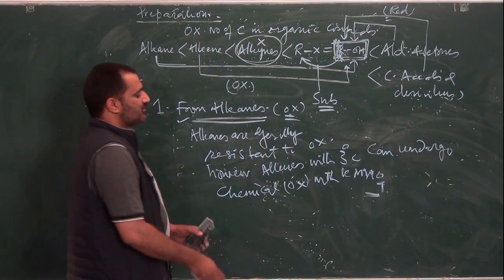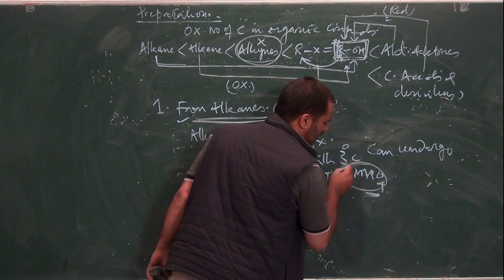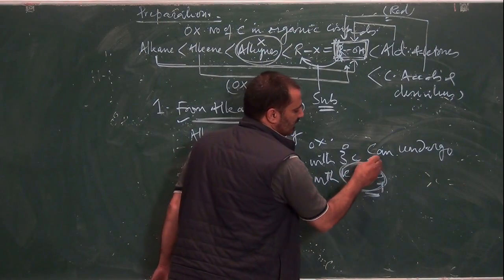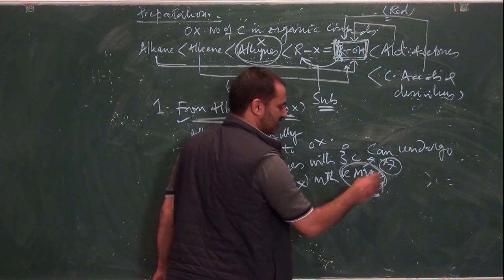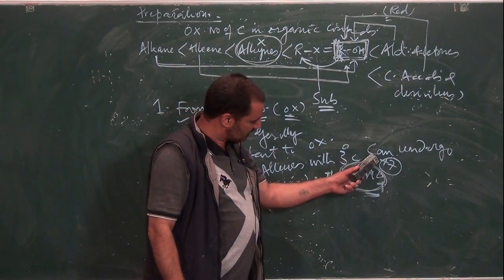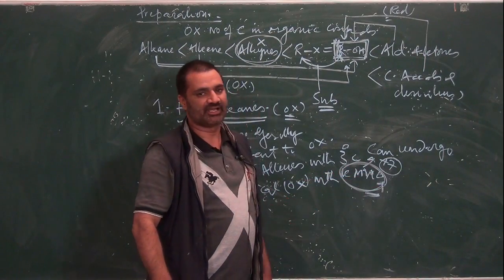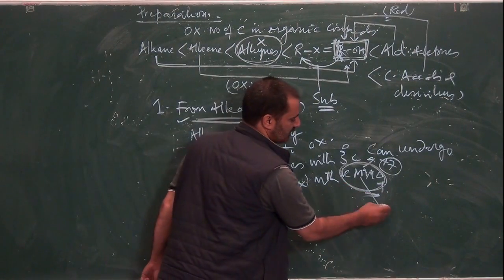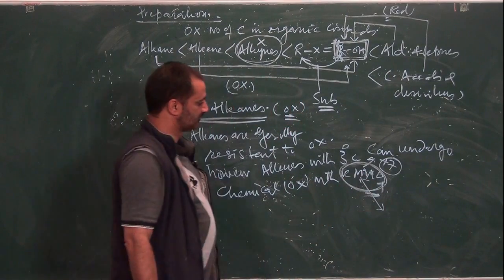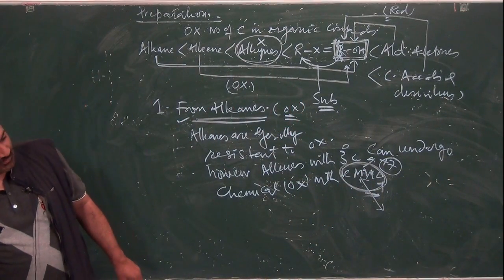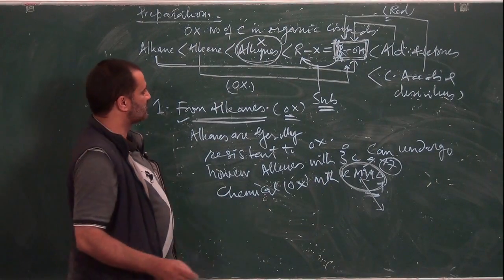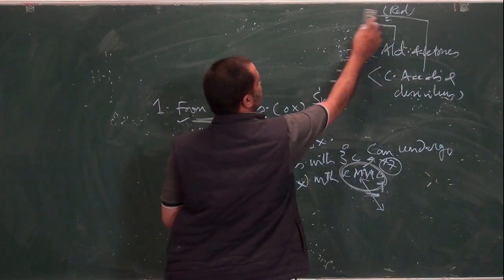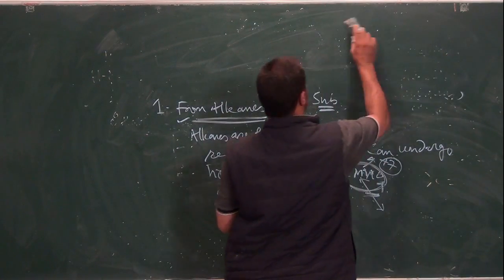Potassium permanganate is the oxidizing agent because here manganese is in the +7 oxidation state, so it can never exceed an oxidation number of 7, because only 7 valence electrons are present in manganese. So this is a chemical oxidation because we are using KMnO4 as an oxidizing agent.